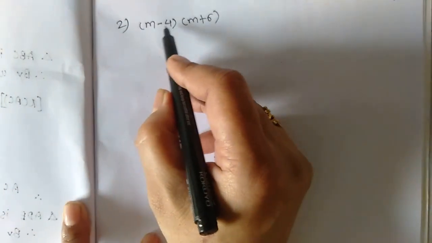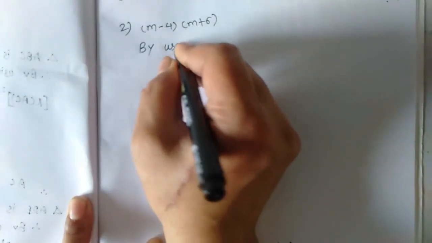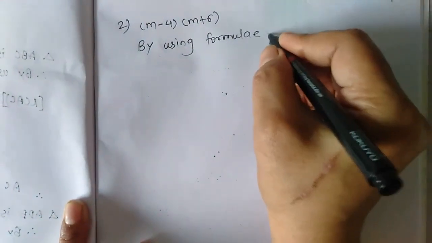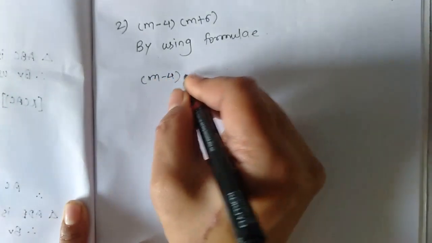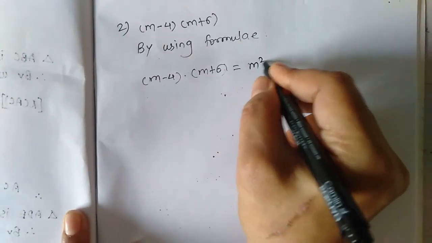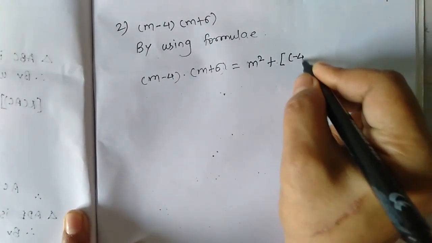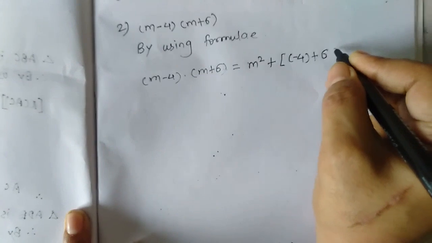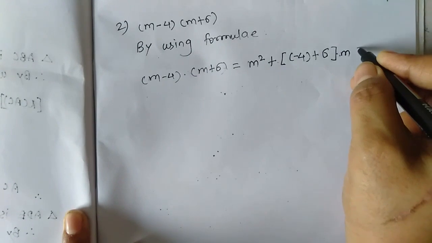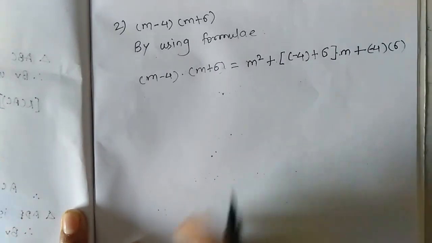See the second question, (m minus 4) into (m plus 6). By using the formula, we can write the answer directly. (m minus 4) into (m plus 6) is equal to m square plus (minus 4 plus 6) into m, plus minus 4 into 6.